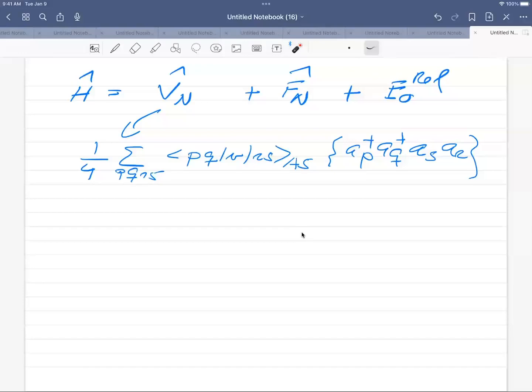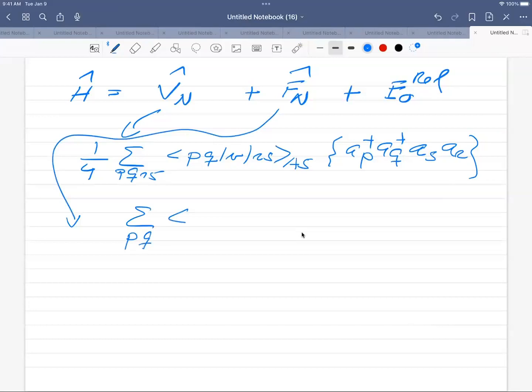And then we have the next term, which is this one body term. That term is given by the sum over p and q, and then we have this specific operator, which I'm going to redefine. And then I have the normal ordered operators a_p^† a_q.